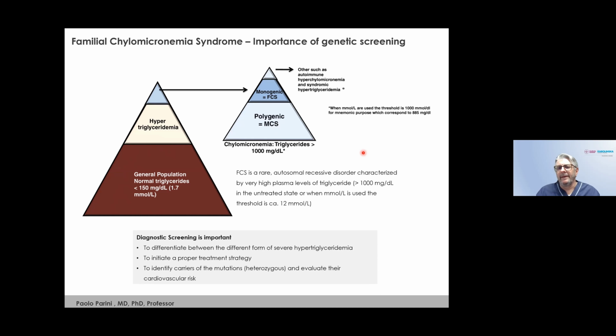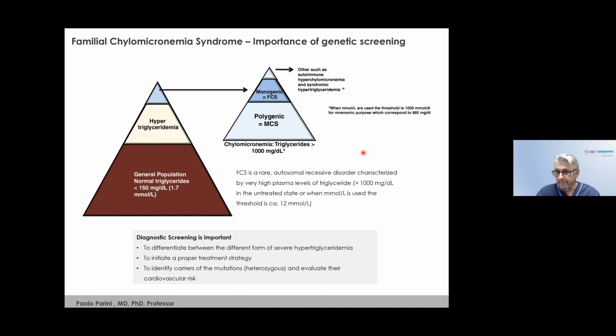The polygenic form of chylomicronemia is instead due to the combination of different genetic variants that alone cannot induce the clinical picture or the disease, where very high levels of chylomicron accumulate.